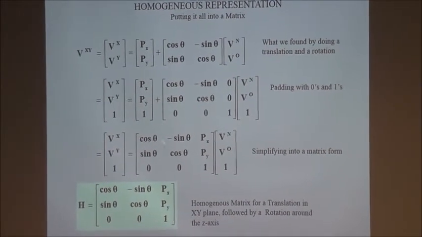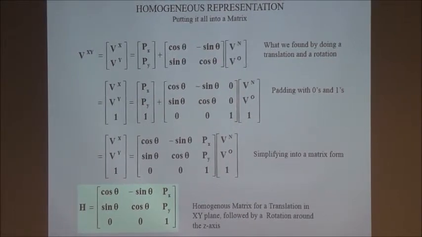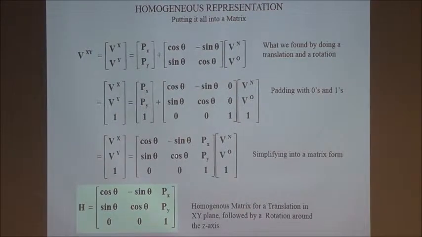So what you see here is in fact what I mentioned to you, that you have a two-dimensional rotation matrix on a planar robot on the x and y plane, and the last column is px and py, the coordinates of the origin of the v, n, and o coordinate system.